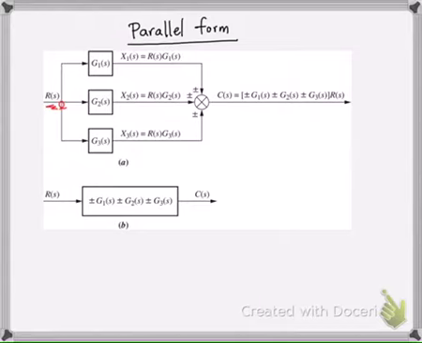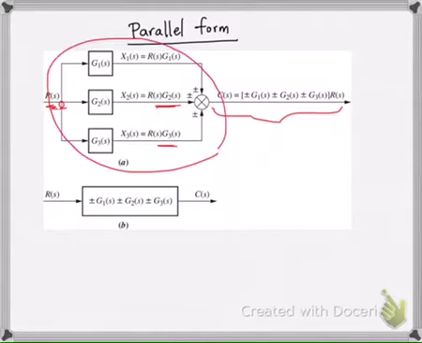The output of the first system is going to be RG1, for the second one RG2, and for the third one RG3. If you add or subtract them using a summing junction, the result is what you see here. Therefore, you can replace this parallel interconnection of these systems by simply the sum or subtraction of these transfer functions, depending on how they enter this summing junction.